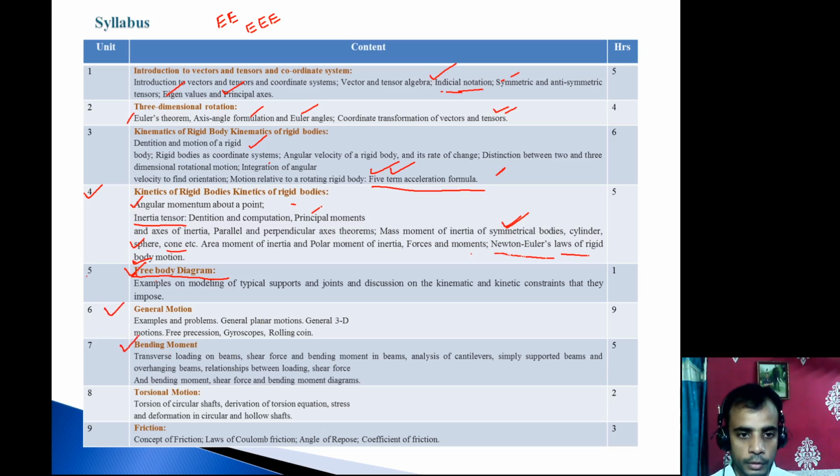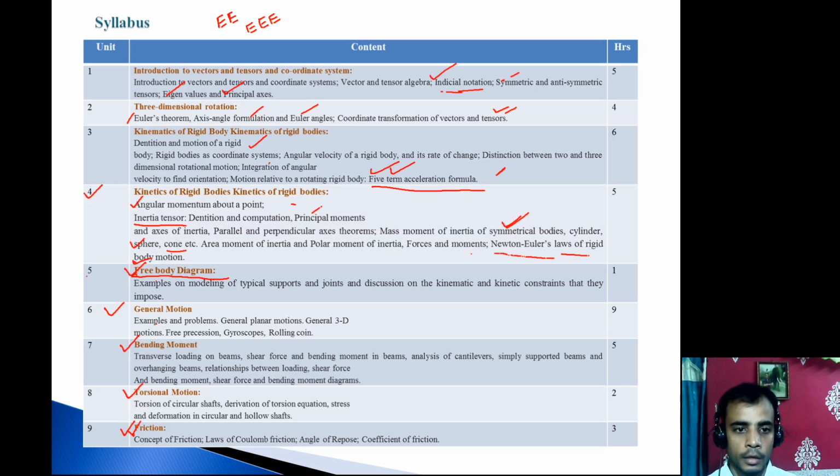Then we will study about the bending moment, shear force diagram. We will learn about the different types of loading system, different types of beam and their shear force diagram as well as bending moment diagram. Okay, then we will learn about the torsional motion. Then you have the friction.